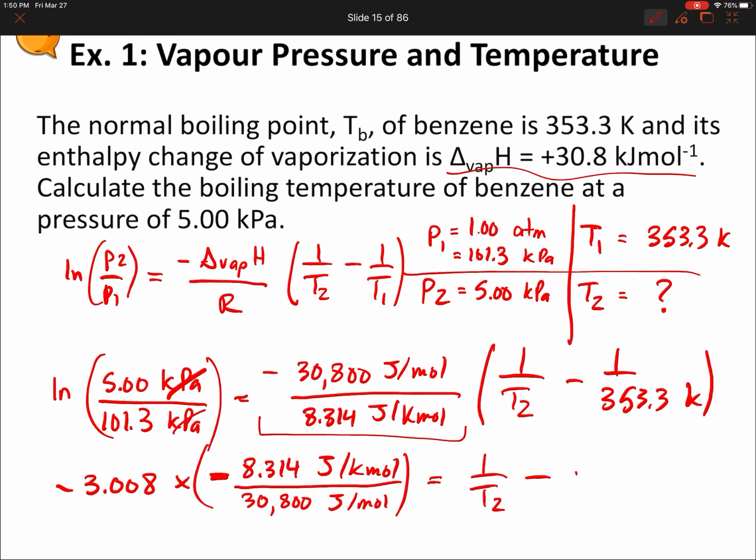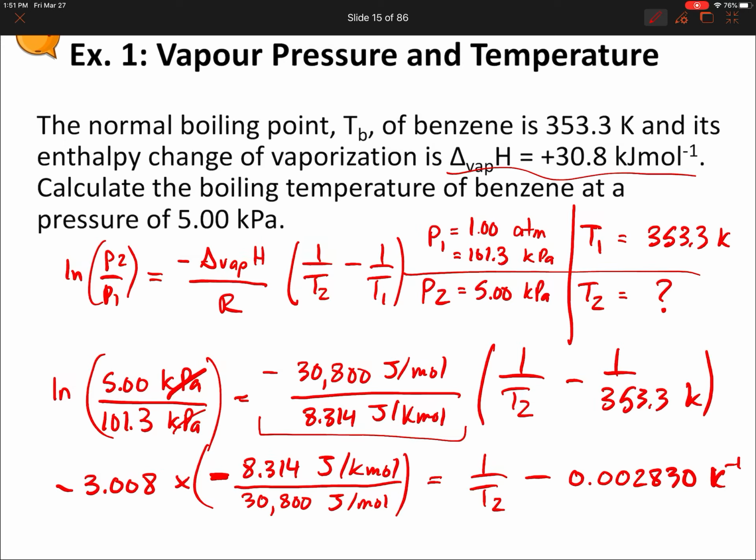That's equal to 0.002830 K to the minus 1. Just notice here too that I've been typically keeping one more significant figure than I ought to be. Usually that's what I do, is keep one extra sig fig and then round it to the correct number at the very end.